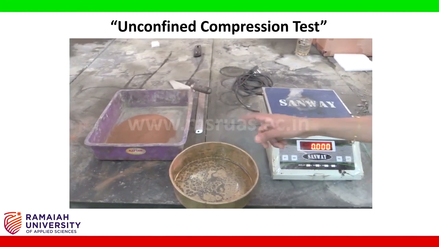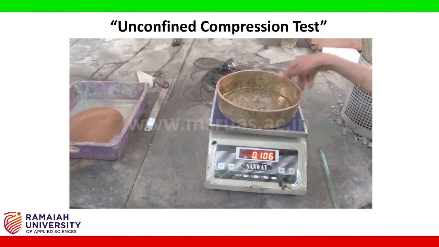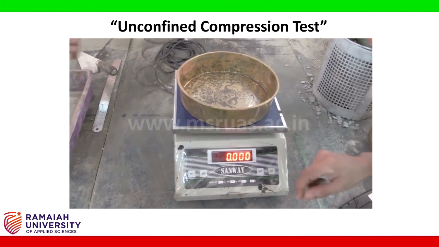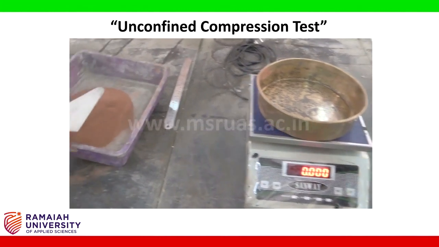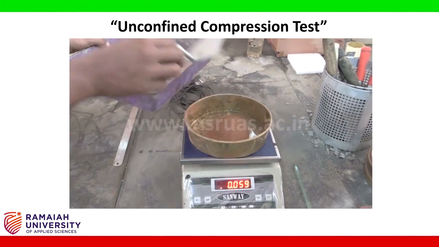Now we will measure 146.5 grams of the soil sample. Tare the weight to 0. Pour the soil sample into the pan.